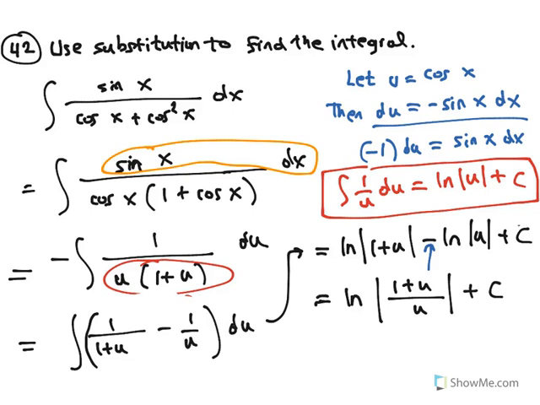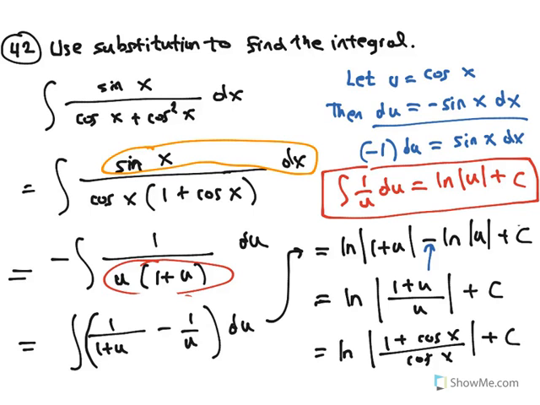And of course, in this particular problem, we did a u-substitution. So we want to go back to our original variable of integration, which is x. So what is u? u is cosine x. So I write natural log of the absolute value of 1 plus cosine x over cosine x plus c.